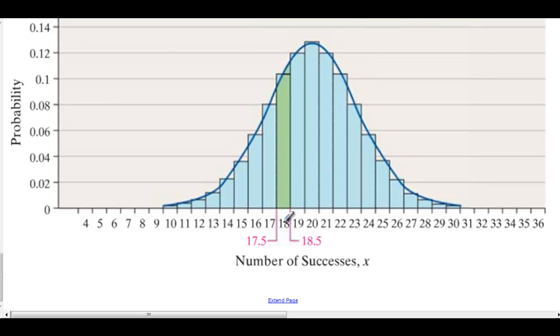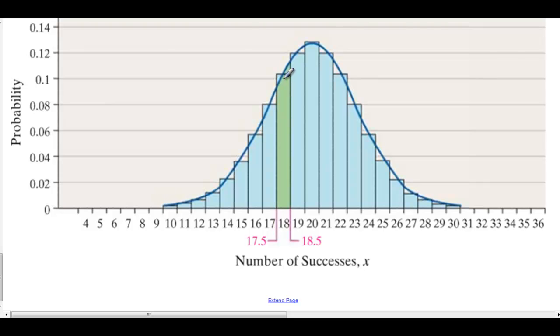So if we were looking for 18 successes, well, if we had all this information already drawn out, we would just figure out the area of this little guy right here for 18, the existing rectangle. But we're using the curve, which means 18 is just a line.